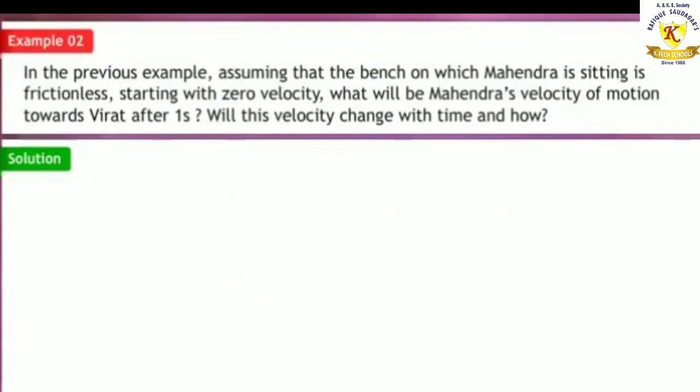Now, second example. In the previous example, assuming that the bench on which Mahendra is sitting is frictionless, starting with 0 velocity, what will be Mahendra's velocity of motion towards Virat after 1 second? Will this velocity change with time and how? Let's see the solution for this.